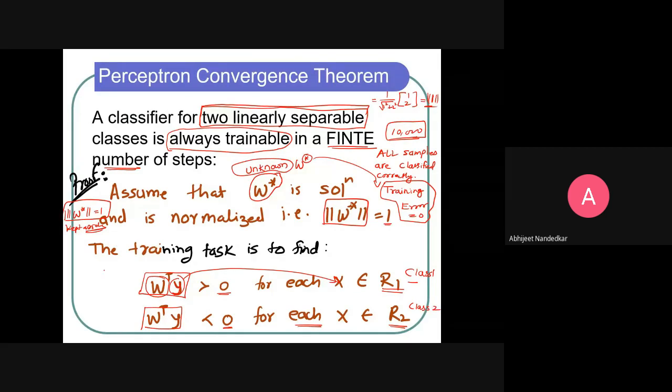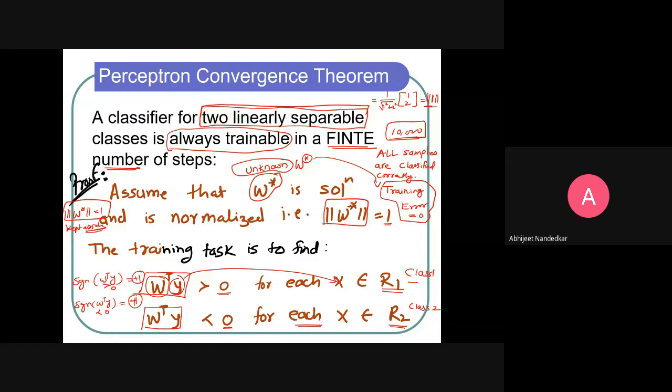Why do I want this? Because what the perceptron is doing, it is taking output as sign of W transpose Y. So when this quantity is greater than 0, your output is 1. When the sign of W transpose Y is less than 0, output is minus 1. And I want for class 1 output to be positive, and for class 2 output to be negative.